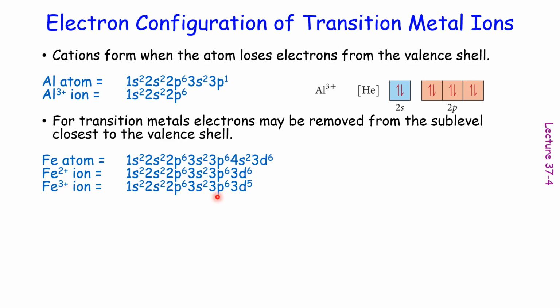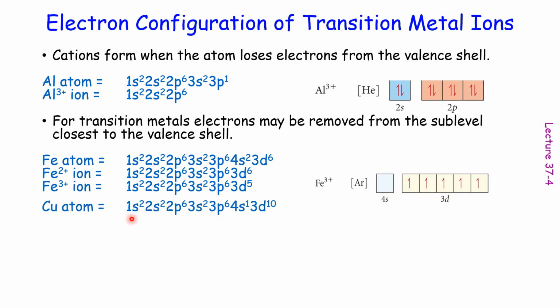Iron 3+, after losing the 2 4s electrons, one of the 3d electrons has to be removed. That's why iron 3+ ion ended up with 5 d electrons. 2 of the 4s electrons are lost, and 1 of the d electrons is also lost. That's why you have the electron configuration for iron 3+ like this.